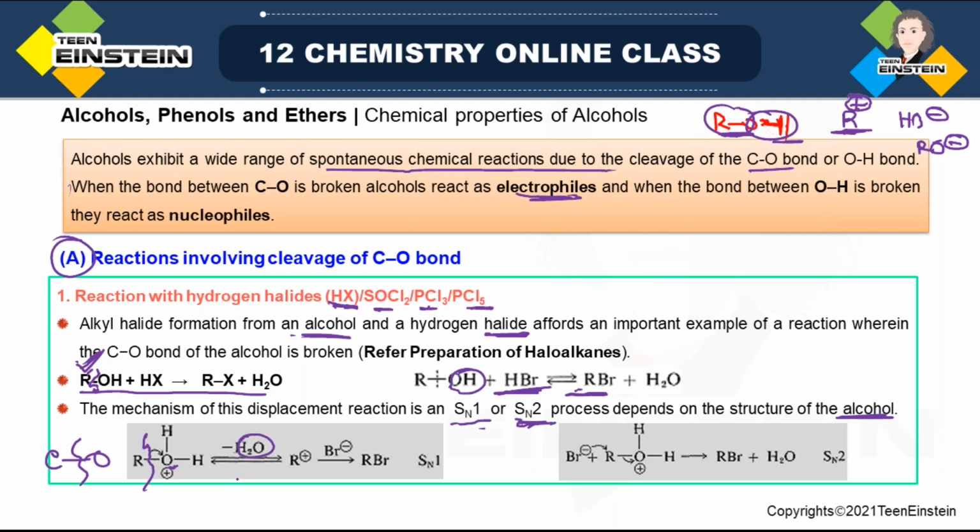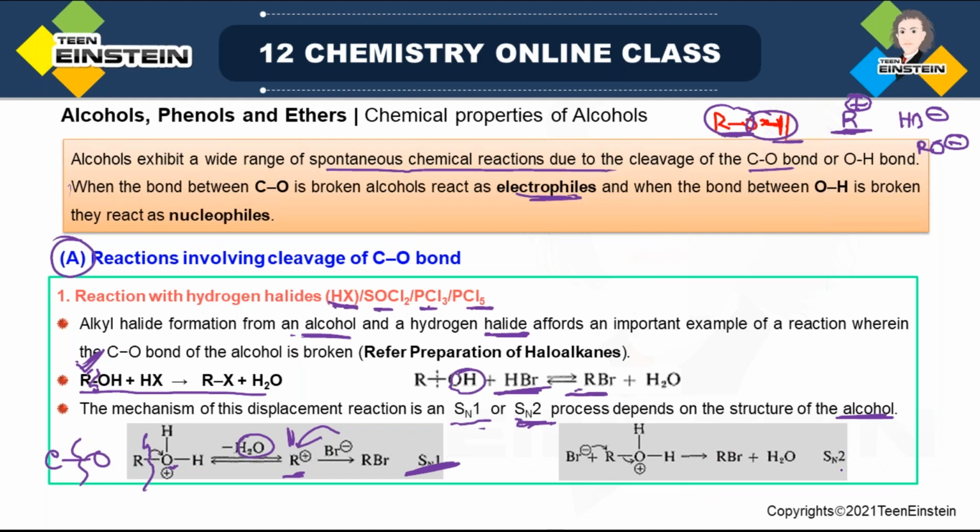So the water molecule is removed and you are getting R plus, which is the electrophile. Now Br minus is attacking here. This is the mechanism that you can observe in SN1. Detailed discussion of SN1 and SN2 we have done in the other chapter, haloalkanes and haloarenes, where you can find the details.